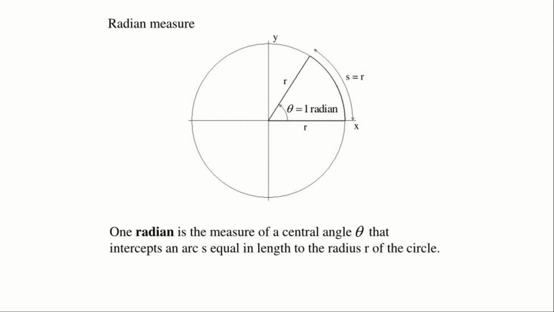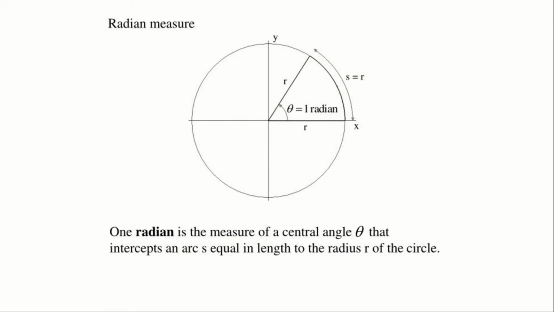Here s is equal to r, from the x-axis to the point where the radius r is, and that is said to be theta equal to 1 radian. 1 radian is the measure of central angle theta that intercepts an arc equal in length to the radius of the circle. So the arc s is also equal to the radius of the circle.